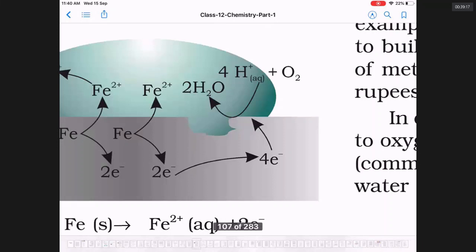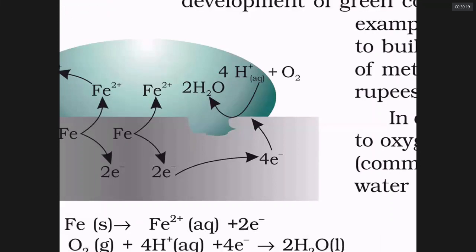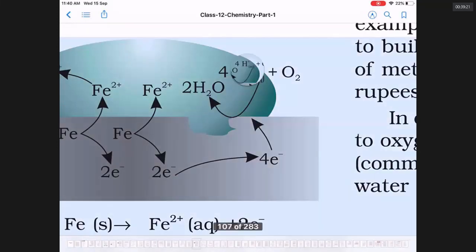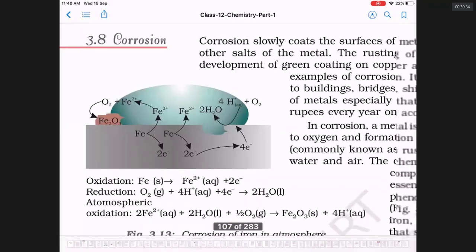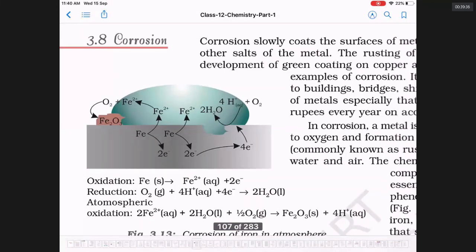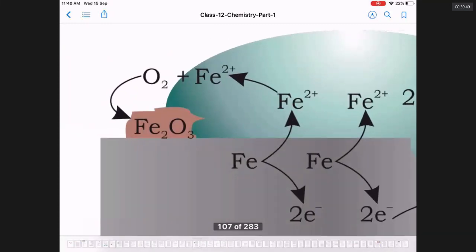Those electrons are captured by oxygen of air in presence of H+ ions to become water. Iron becomes ferrous, Fe2+, and then ferric. Mind you, millions of such broken points make millions of cells. At the end, all the Fe(OH)2 will become Fe2O3. Fe2O3.xH2O is called rust. Simple.